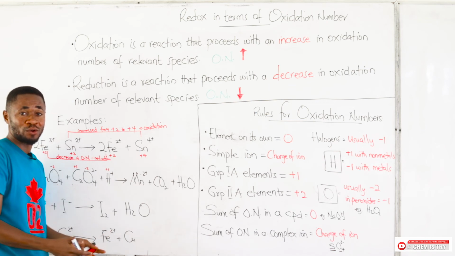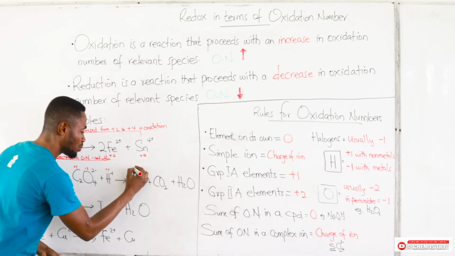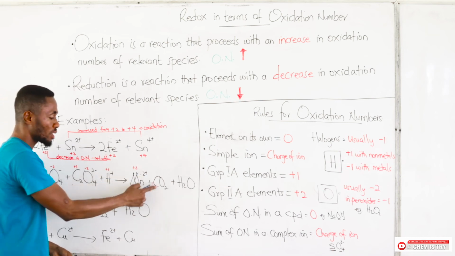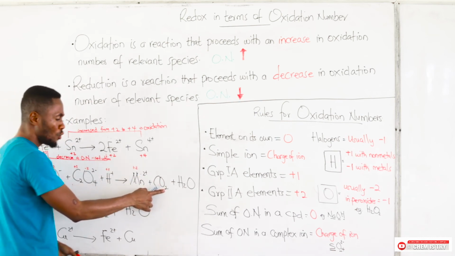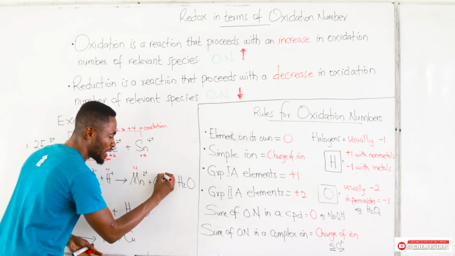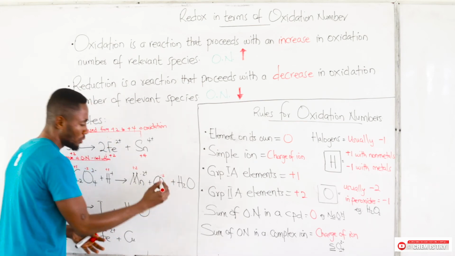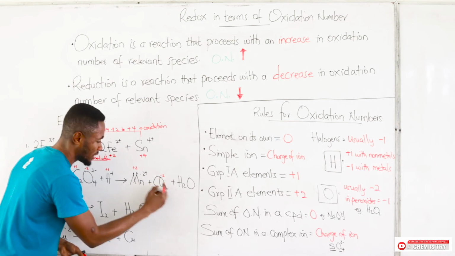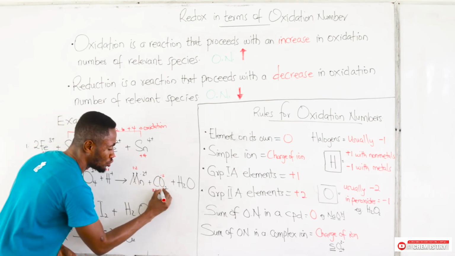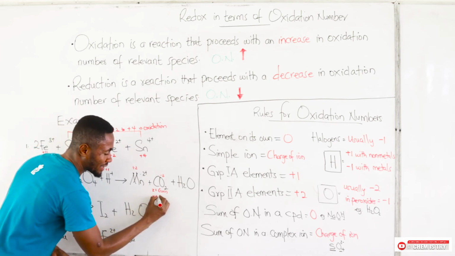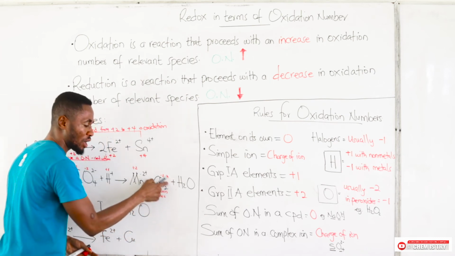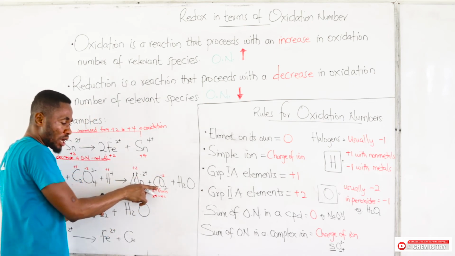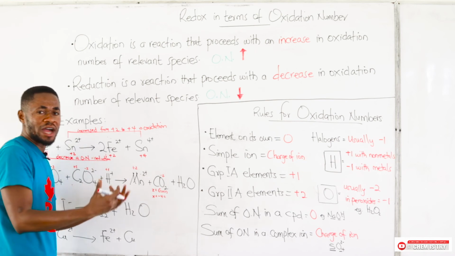That one is a simple ion, so its oxidation number becomes +2. That is the charge carried by the ion. We have CO2. We know oxygen to have oxidation number of -2, but carbon? So X plus, now we have 2 atoms of oxygen, so -2 times 2. So we have X plus -4 equal to, now this is a compound, so the sum of the oxidation numbers of carbon and oxygen is supposed to give us 0.